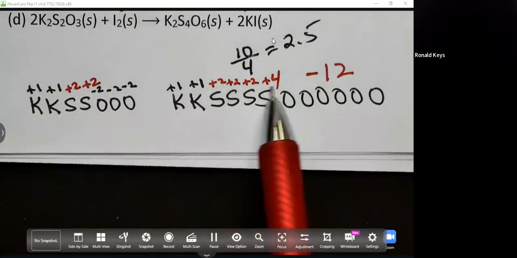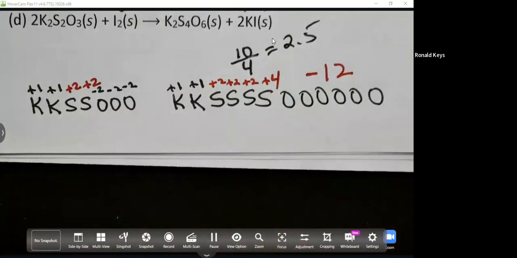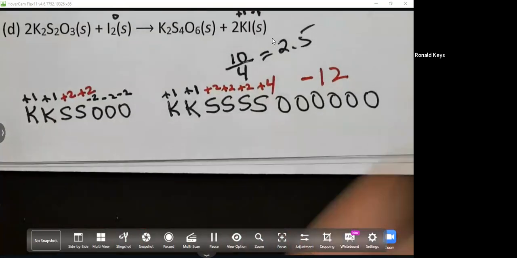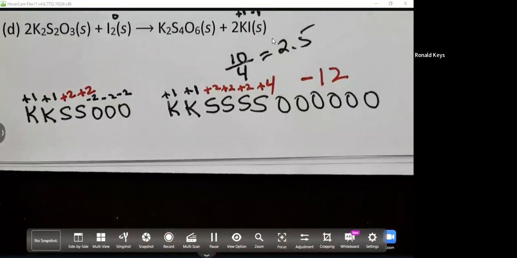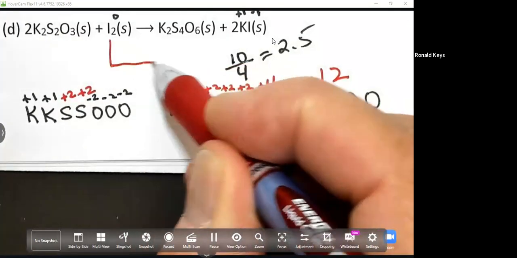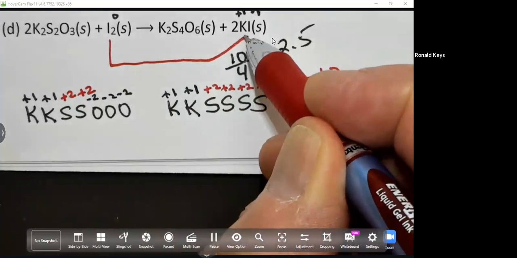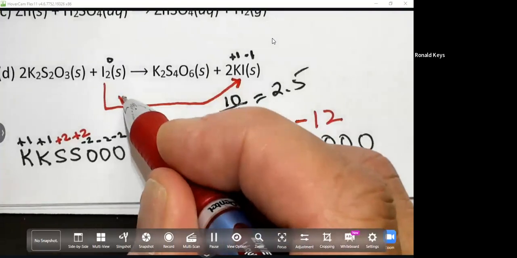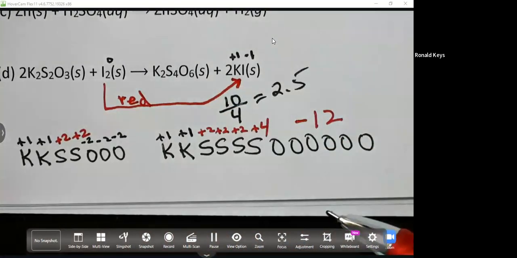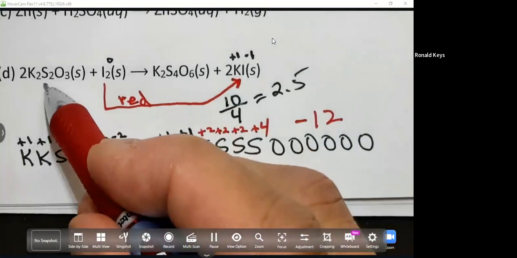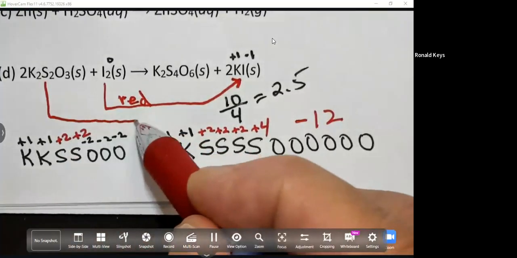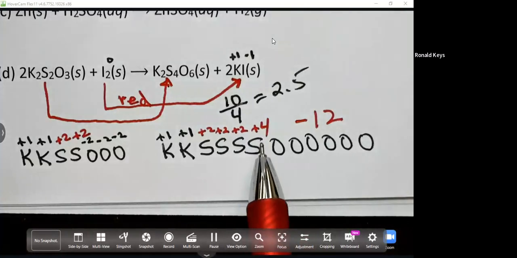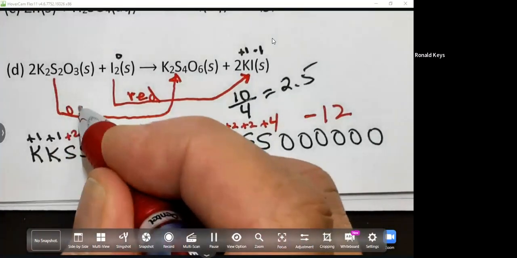That's the only way to get 10. So this one's a little bit goofy. But this for sure is what? This is reduction, correct? Then we know one of these sulfurs is going from 2 to 4, so that's oxidation.